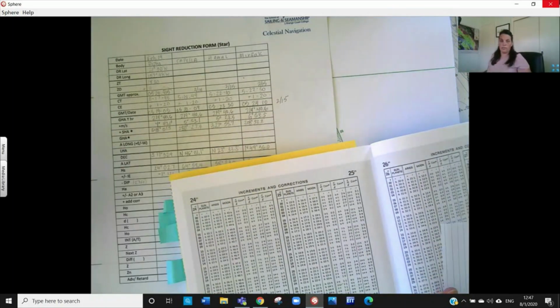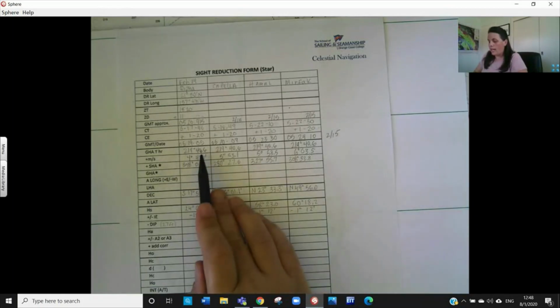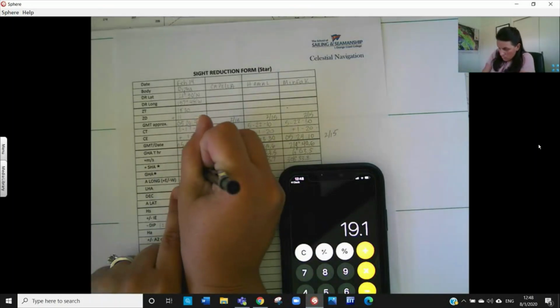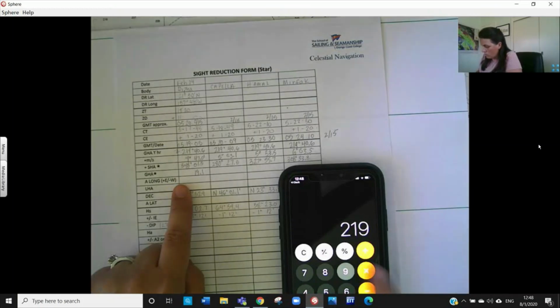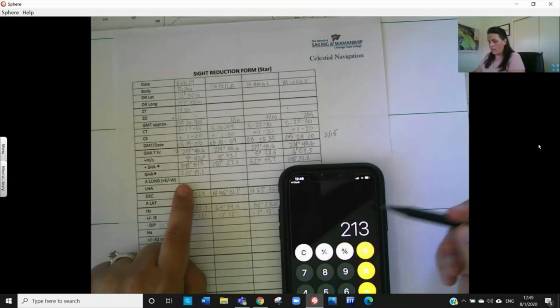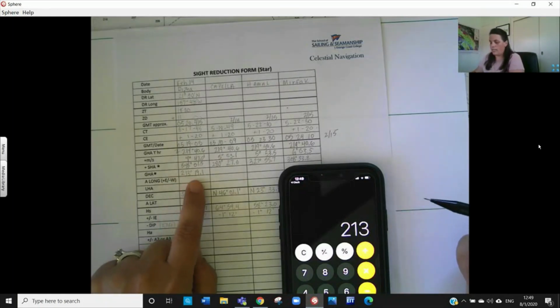So now we have our minutes and seconds. Now we are going to add up our GHA, our minutes and seconds, and our SHA to get the GHA of the star for all 4 of these. Okay, so we got a GHA of 213 degrees, 19 minutes.